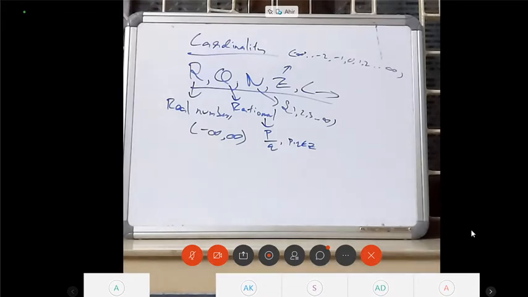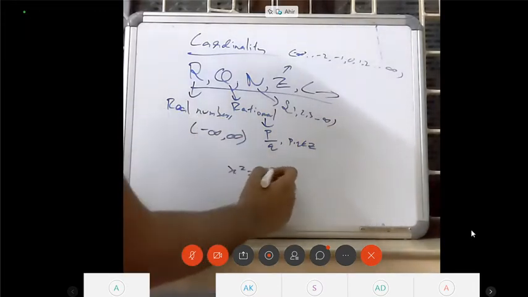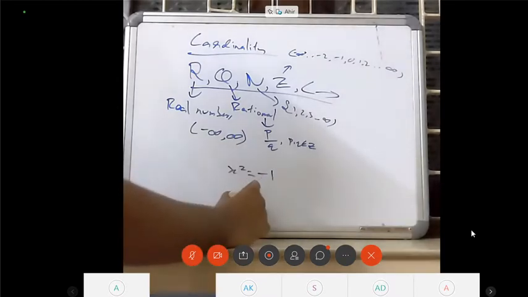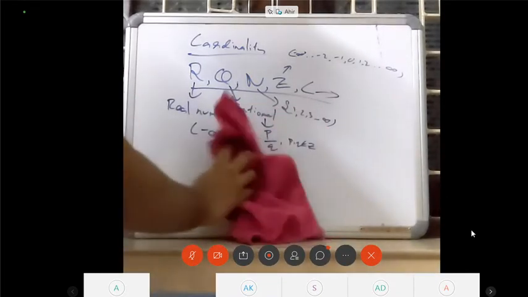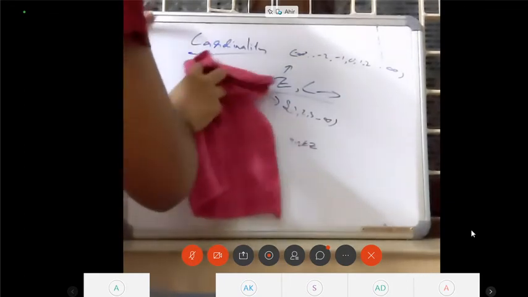Here i means iota, imaginary, like if you have x square equal to -1, this is the solution of it. And we also have irrational numbers, but we won't be dealing with them too much.